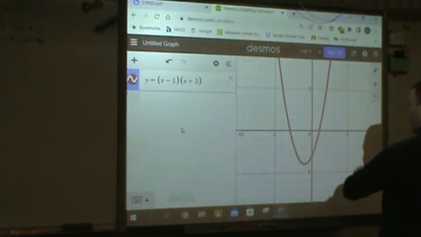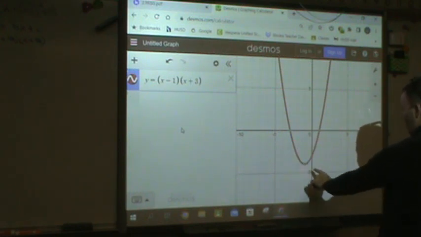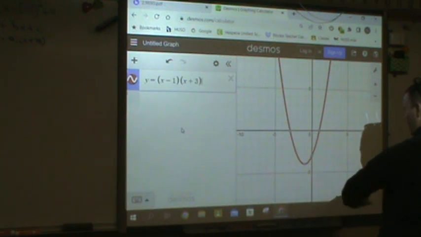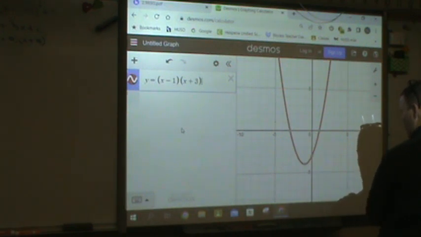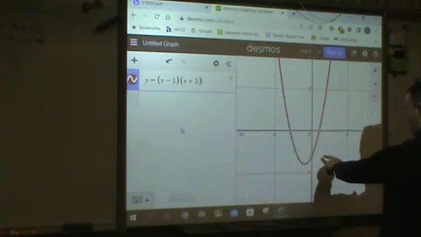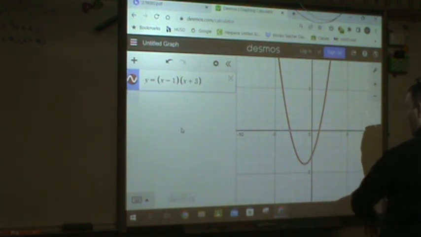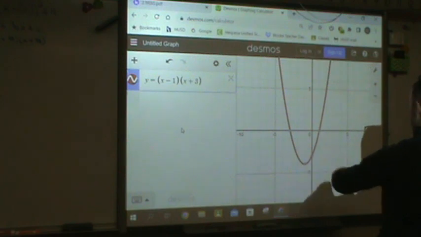What's the y-intercept, what's the vertex? The vertex is going to be -1, -4. The y-intercept is going to be 0 and -3. And my x-intercepts are going to be 1 and 3.